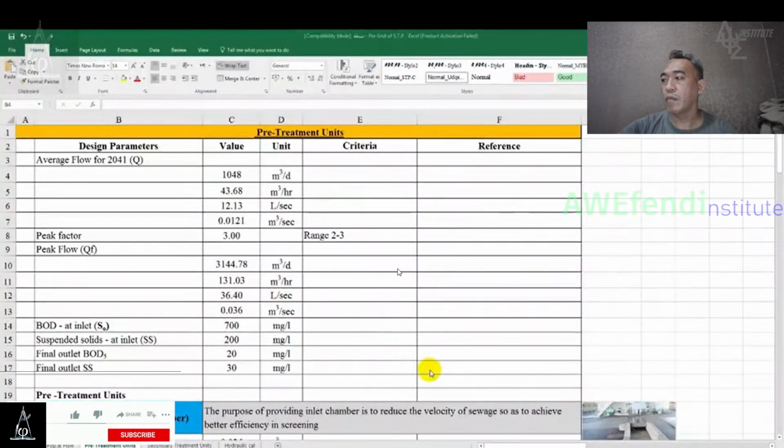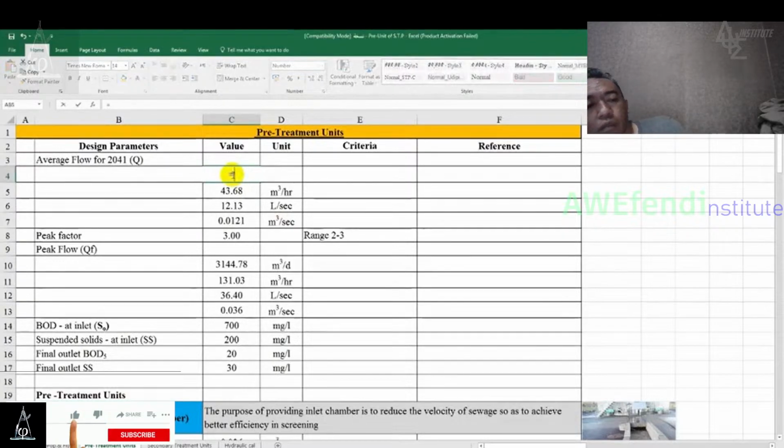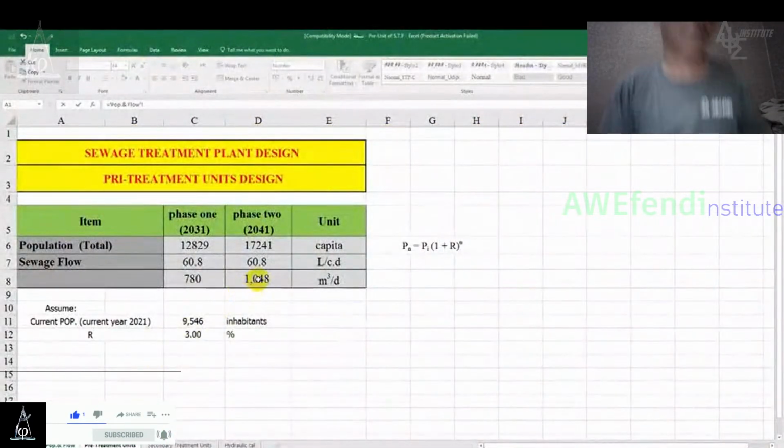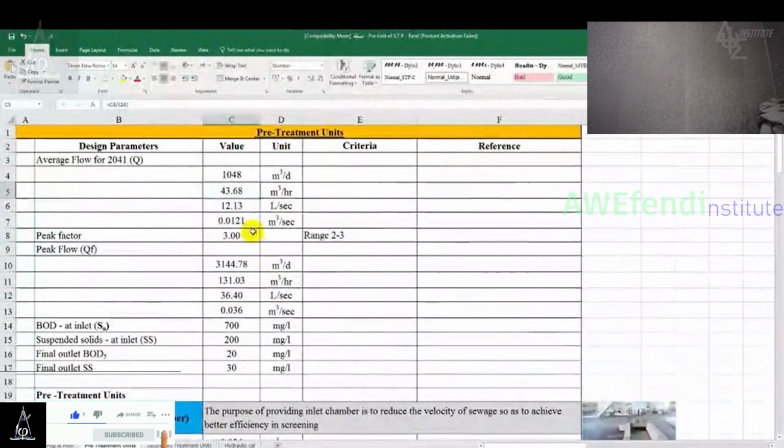Pre-treatment units design. Pre-treatment units are always designed based on the flow of the last phase, which is the flow at the end of the design period. So in this cell, the equation will be like this: equals, and go to the previous sheet and press this cell and press enter.